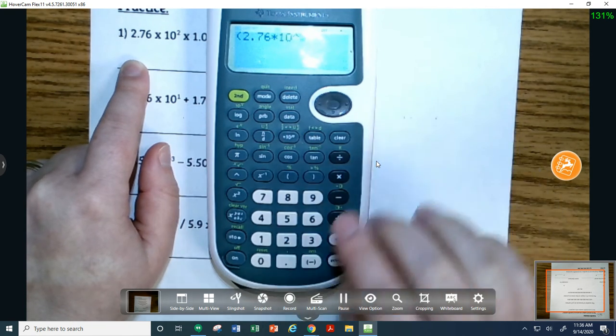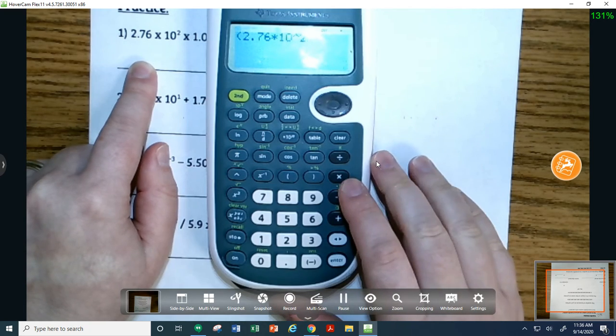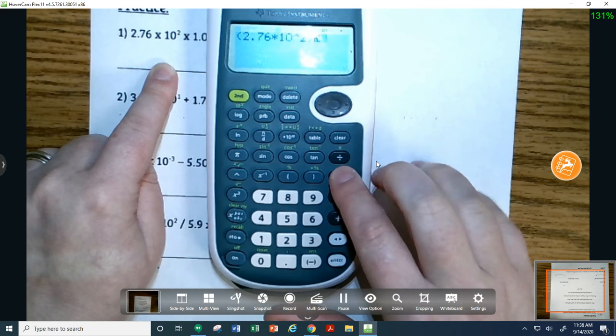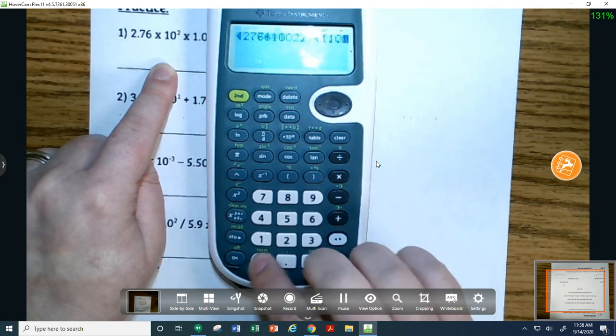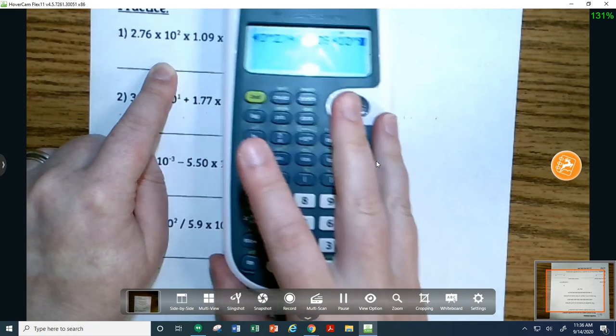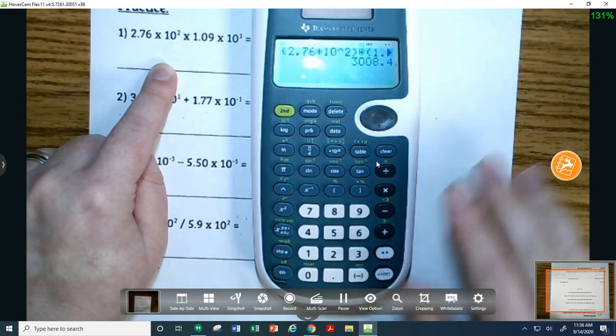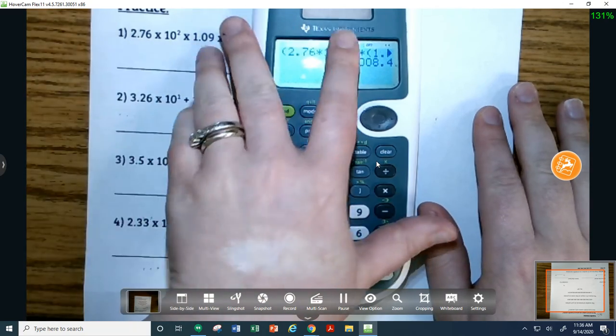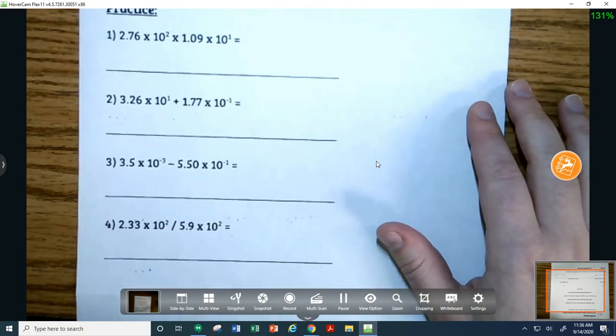Hit that and type in your exponent 2. This part is important. Close the parenthesis. You're going to hit times, parenthesis 1.09. Now again, go back to that times 10, and then you're going to type in the first power, and we get that 3008.4.